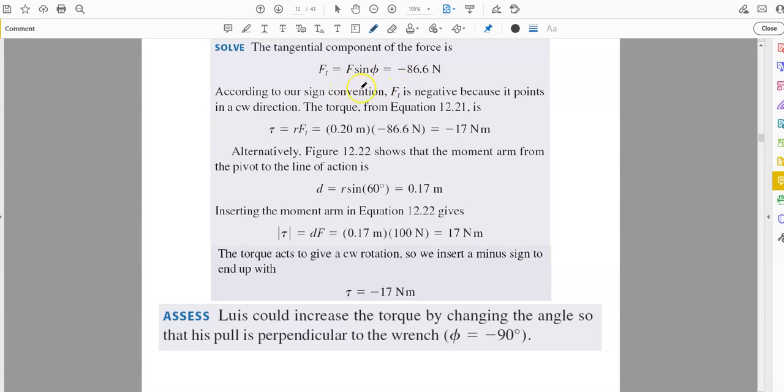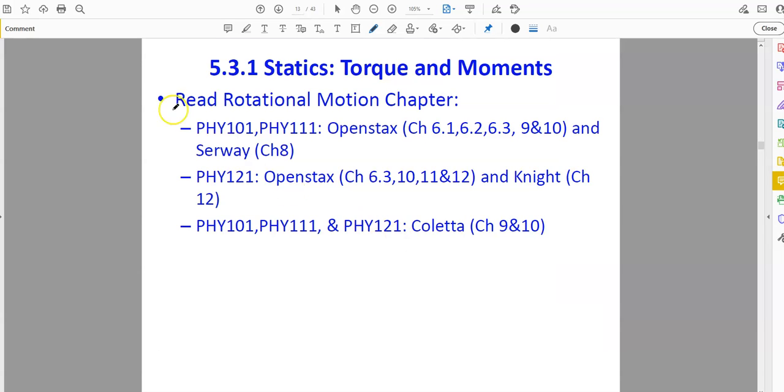Actually, it looks like he did both ways here too. Oh, that's interesting. So he found the torque part twisting the force, and he also twisted the lever arm part as well. So he did it both ways.